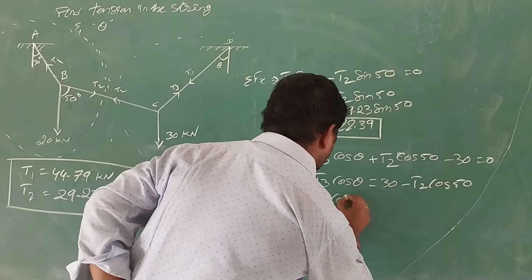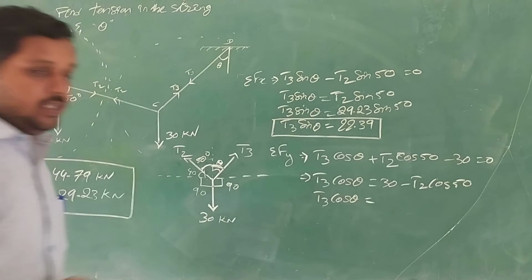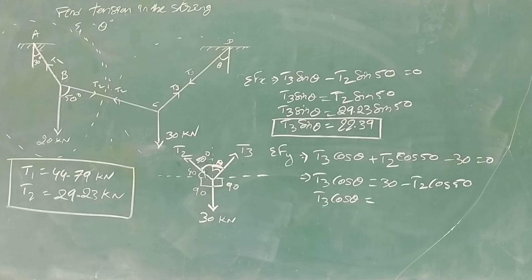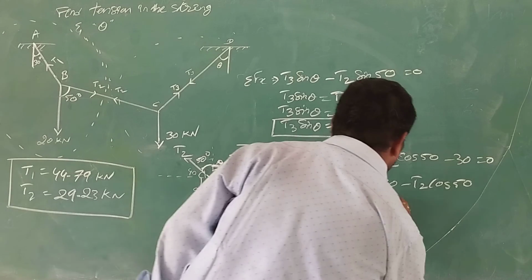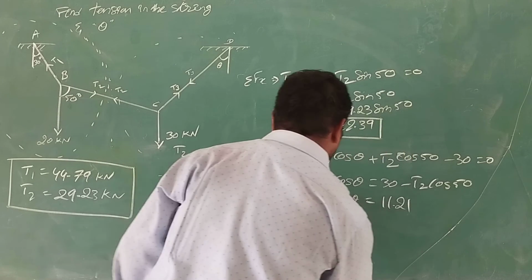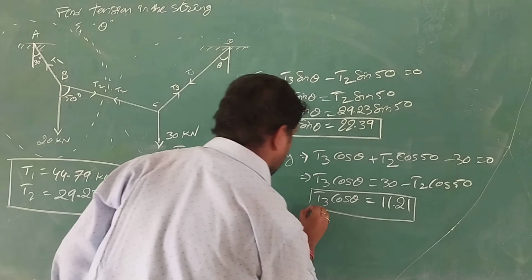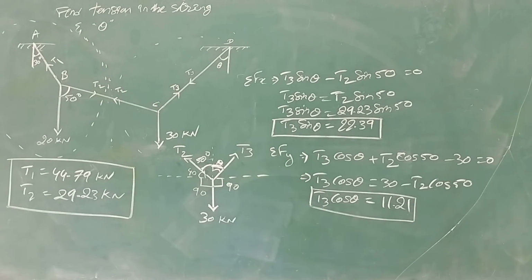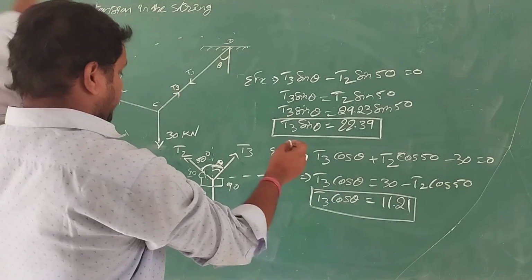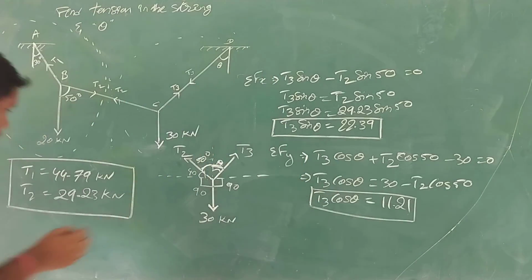So my T3 cos theta would be, solve it. My T3 cos theta is 11.21. Okay.